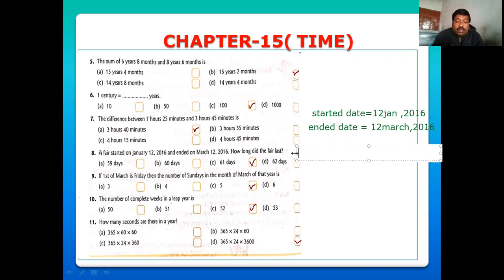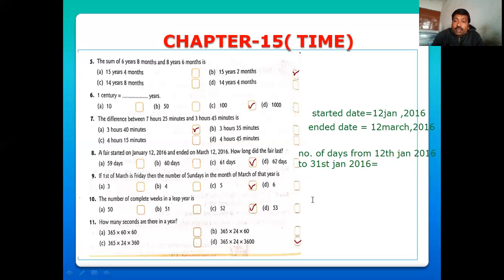And first, the number of days from 12th January 2016 to 31st January 2016 is equal to 31 minus 12.